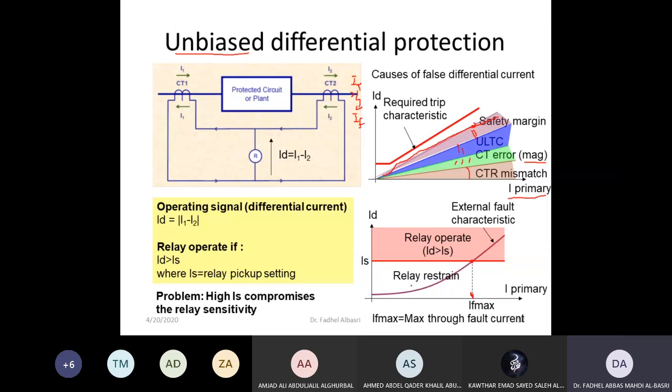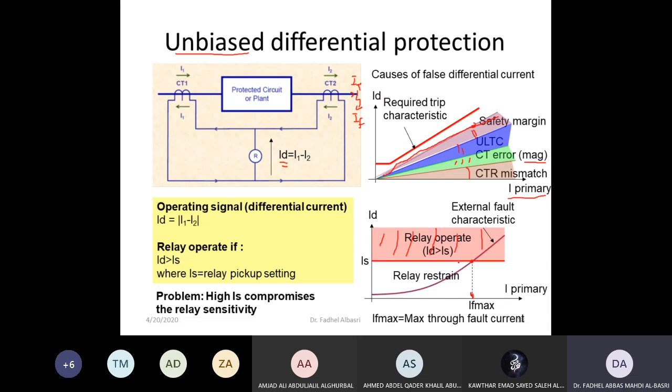If the current is less than I setting, the relay restrains. The red area here is the operation region, the white area is the non-operating region.